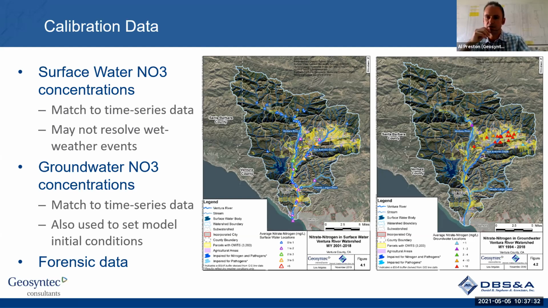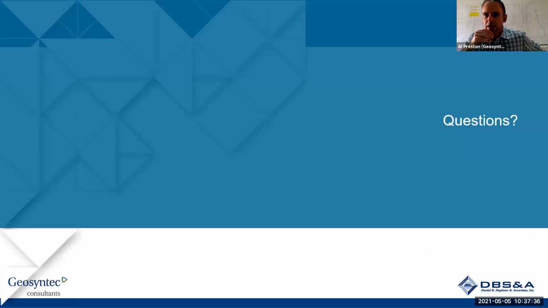So we'll be able to use that to help with the calibration. And that's all I have on the MT3D model. So I don't know if you want to pause for questions or run and get coffee.